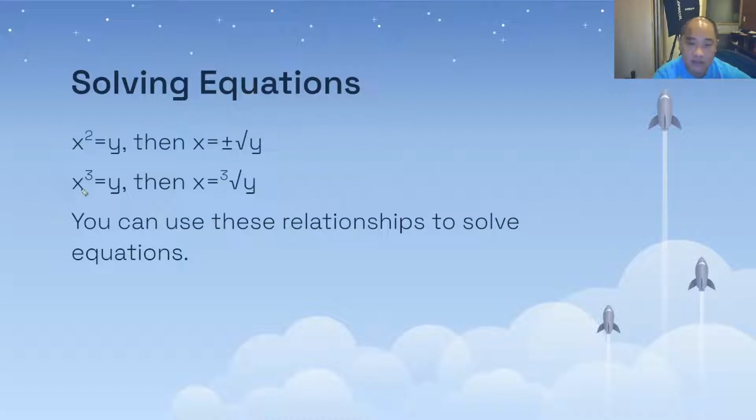Because let's say we have the cube root of y equals x. Well, the cube root of y, let's say that y is 27. Well, could x be anything other than 3? X can be 3, right? 3 times 3 times 3 equals 27. But can x be negative 3?